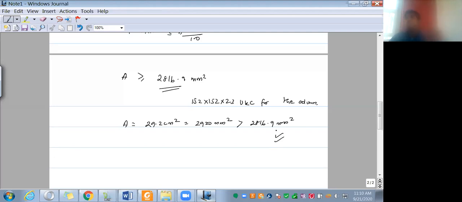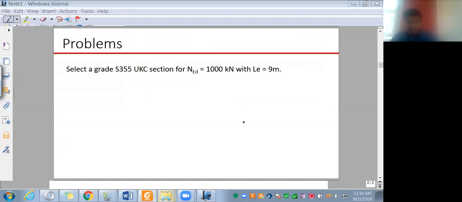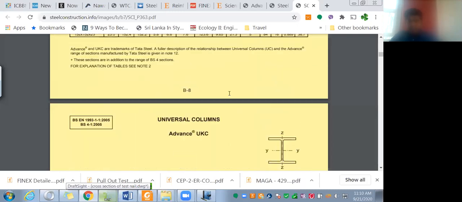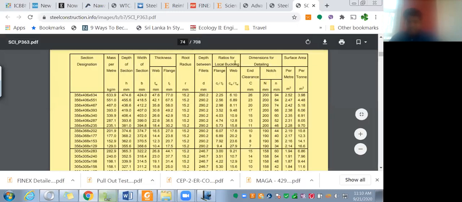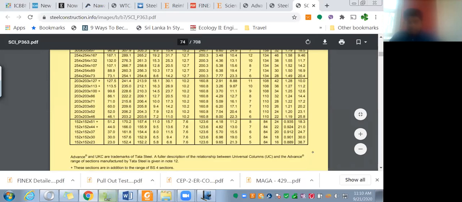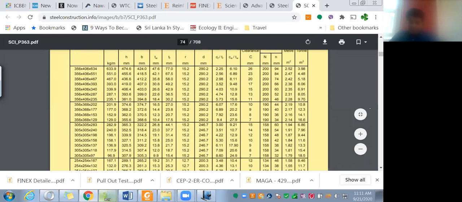Then we have to see whether it's falling under class 1, 2 or 3. So you have to get Cf over tf, Cw over tw. If you look here, we have the ratios for local buckling given in the table. I'm not going to calculate again, you know how to calculate. The first one is Cf over tf, second one Cw over tw.